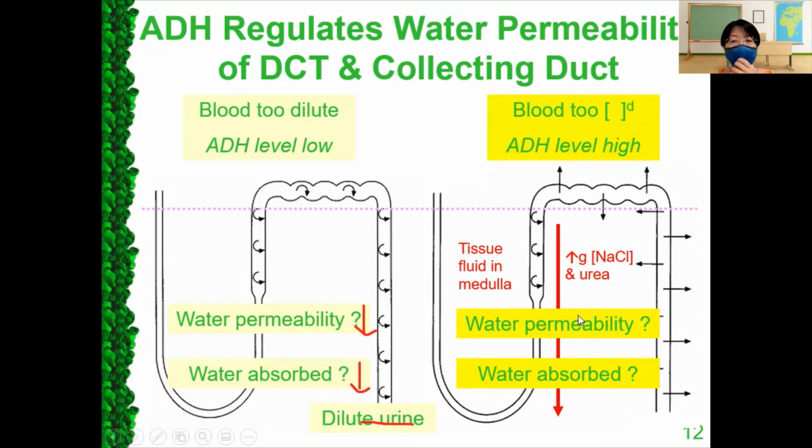So water will be reabsorbed. Okay, so water permeability will increase in both the tubes. Therefore, it will also increase water being reabsorbed. And therefore, what happened to your urine? Highly concentrated, right? Okay, so urine becomes highly concentrated.